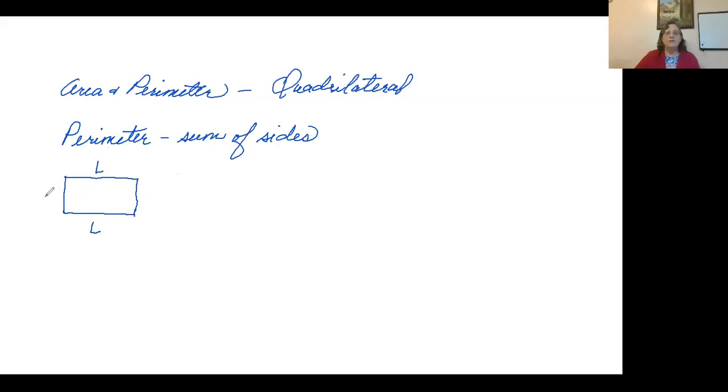So if these two are the length and these two are the width, then the perimeter of this is going to be a length plus a width plus the second length plus the second width, which will be 2 times the length plus 2 times the width. But you certainly don't need to memorize a formula in order to do this. You just have to add up the 4 sides.